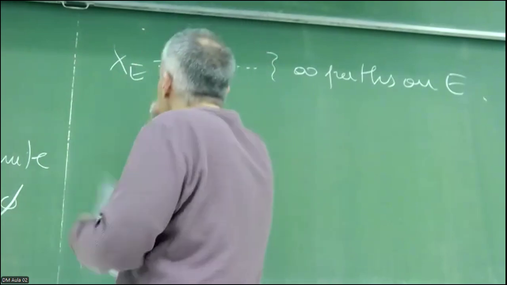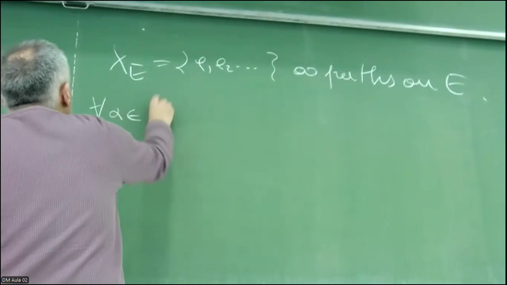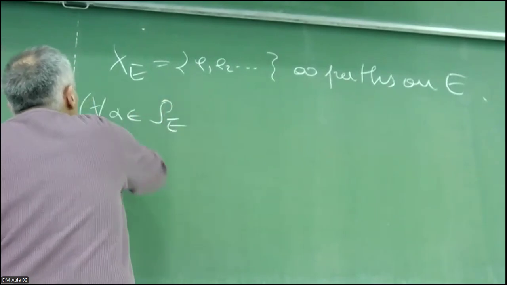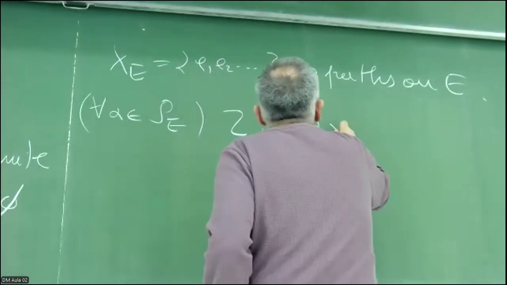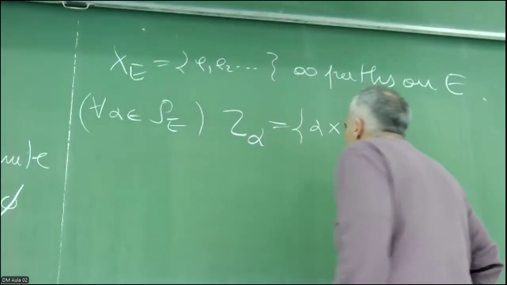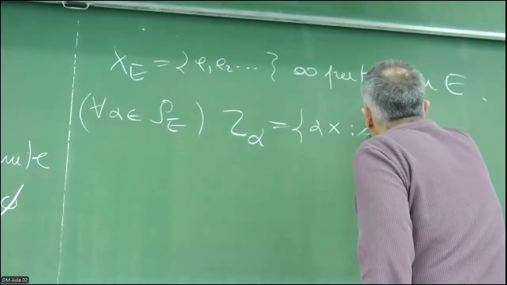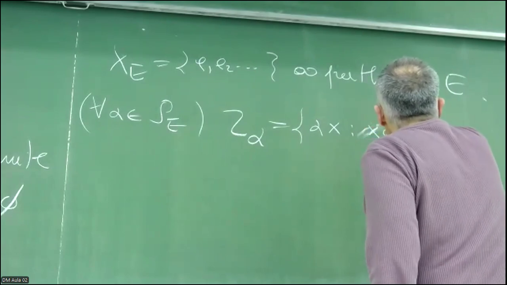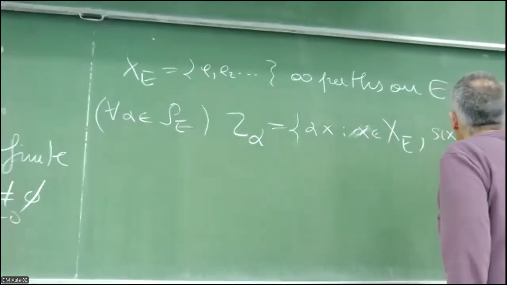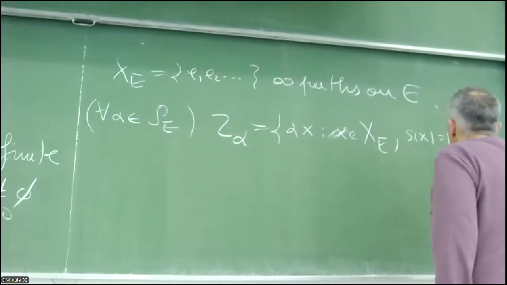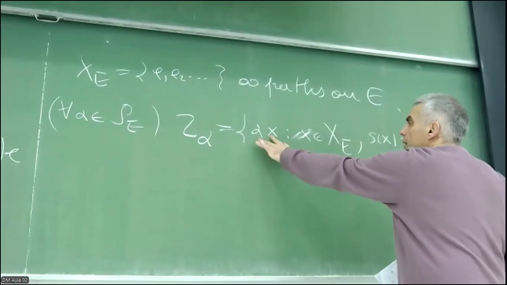So we first give a topology here. For each α in PE, we consider Z_α, which is of the form, all elements of the form αx, where x is in X_E, and the source of x equals the range of α, so that this is again an infinite path.